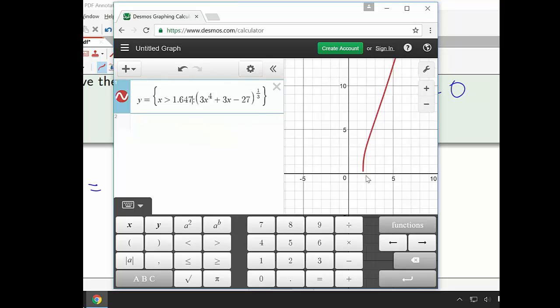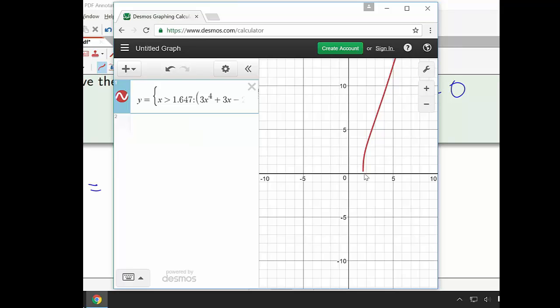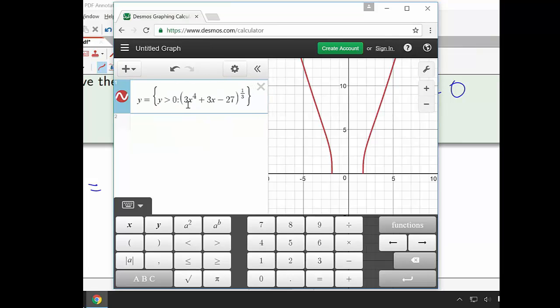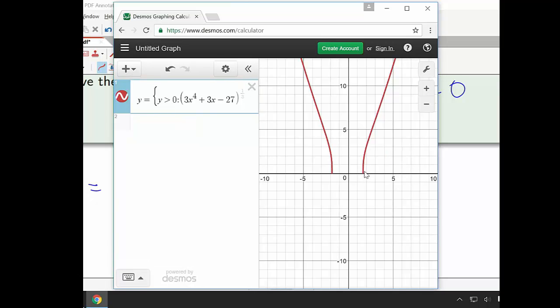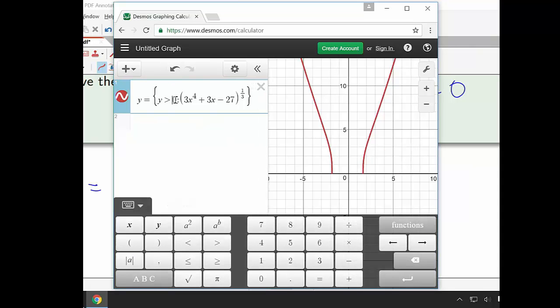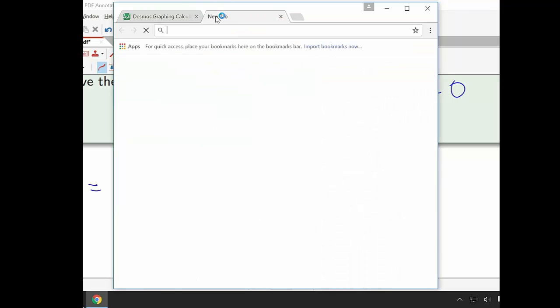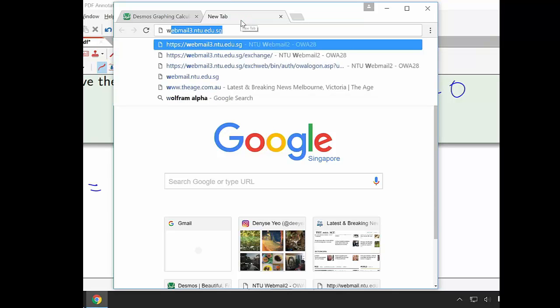Now this point, the intercept of this function, so the point at which 3x to the 4 plus 3x minus 27 is exactly 0, from the Desmos calculator we can see that it is approximately, wow, it's hard to tell. Something like 1.65, whatever. So in order to find it more precisely, we can use Wolfram Alpha.